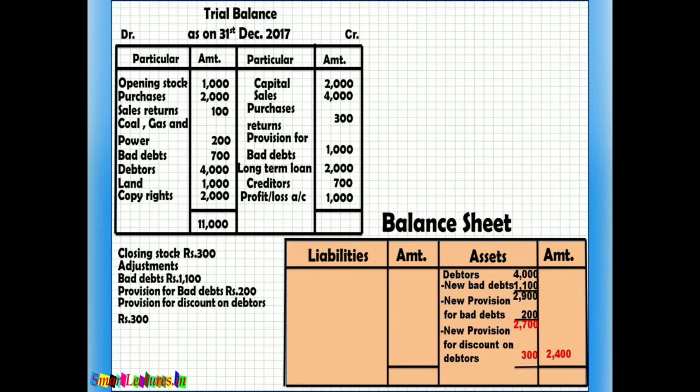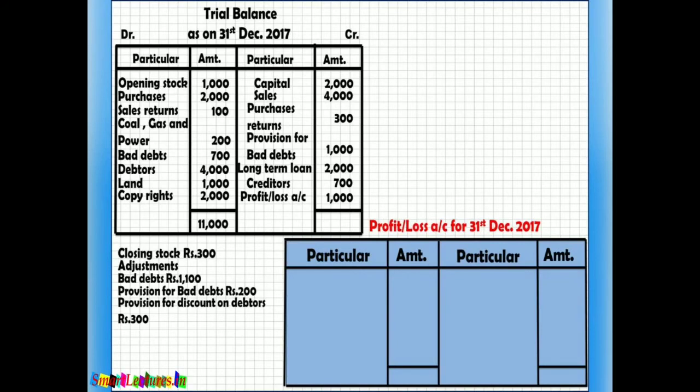Now let's complete profit and loss account. What will be the format? The format is to old bad debts plus new bad debts plus new provision for bad debts plus new provision for discount on debtors and minus old provision for bad debts. So old bad debts are 700.